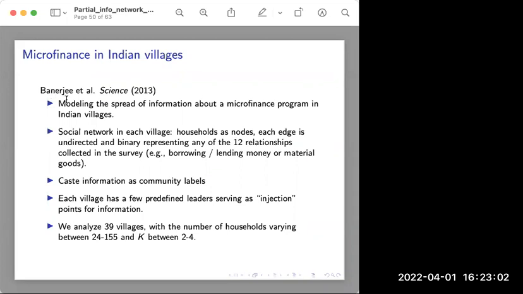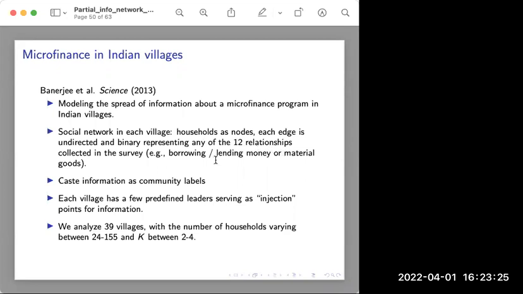The original goal of the paper is to model the spread of information about a particular microfinance program in Indian villages. For each of these villages, we have a social network. This time the nodes represent households, and each edge is undirected and binary, representing any of the 12 relationships collected in their survey.